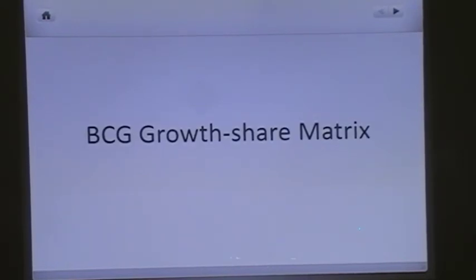Before we go forward, let's look at a few models which are quite important to understand this particular unit. In this unit, we will look at Porter's 5 forces model. We will look at the BCG growth matrix. We will look at the PEST model.